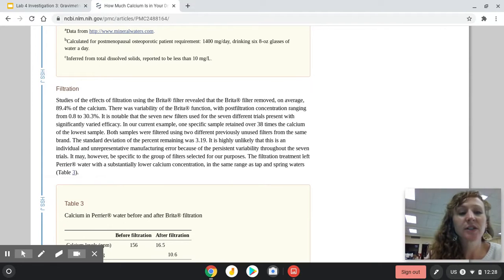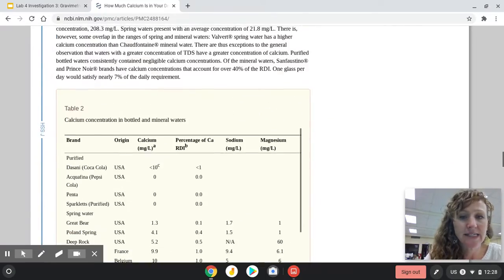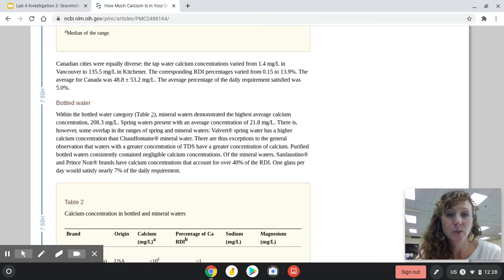They have some results for filtration, like after they filter water, how much calcium is still present. Okay, so from these results, what I'm seeing is the lowest amount is somewhere around 8 milligrams per liter, and then the highest amount is somewhere around 208.3 milligrams per liter. So if we take the highest amount, we could even round that up to like 250 milligrams per liter.